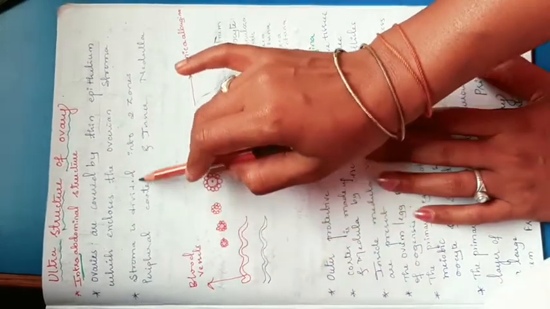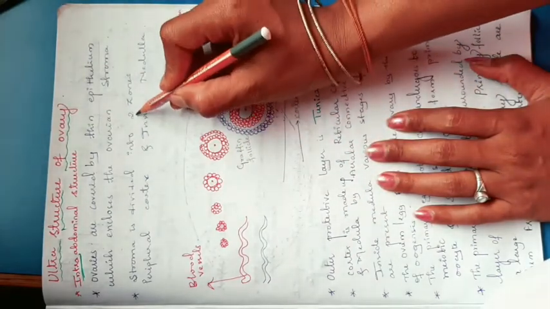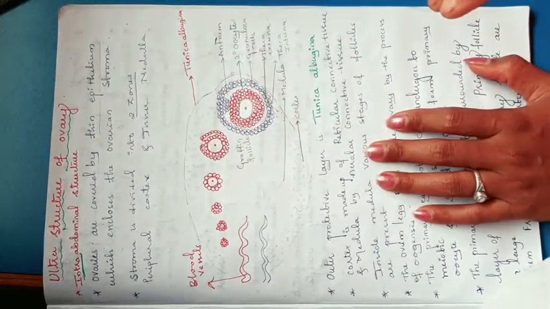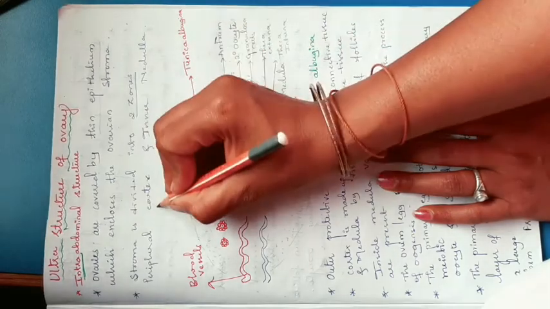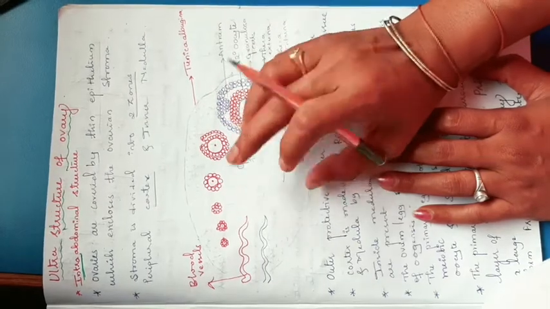The stroma is divided into two zones. The peripheral part, near the protective epithelial tissue, is called the cortex. The innermost region is called the medulla.